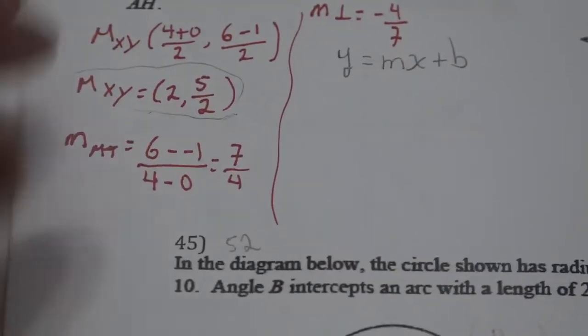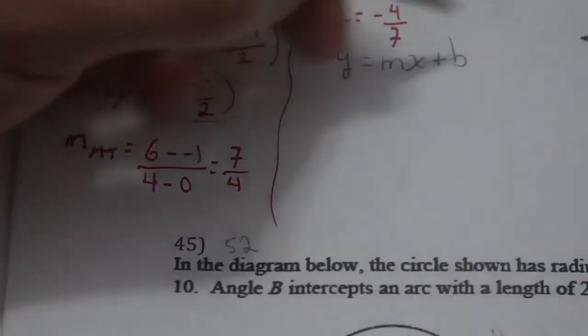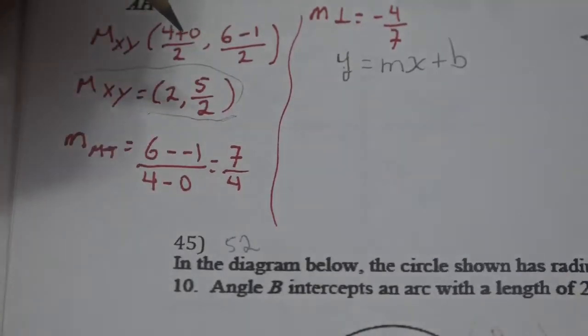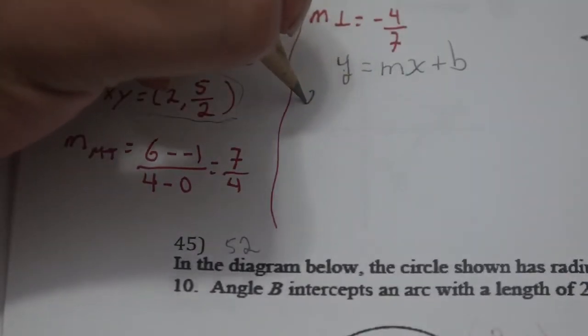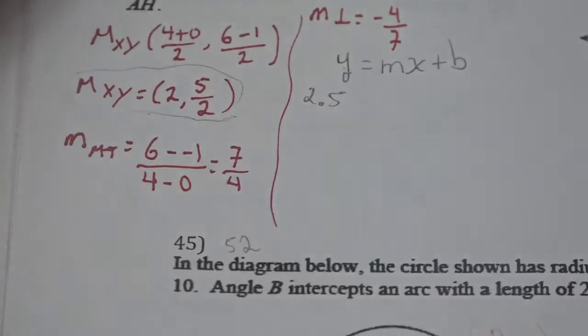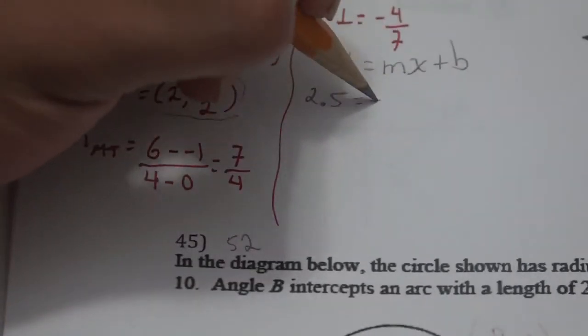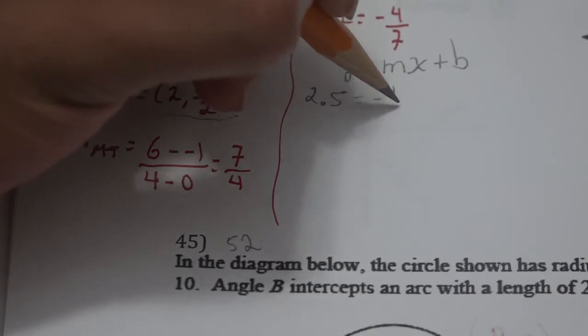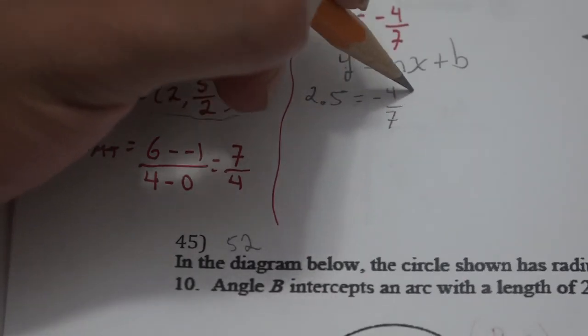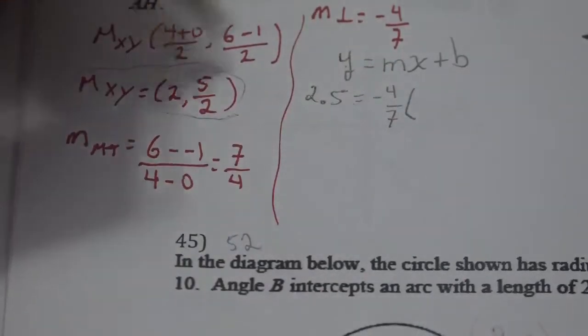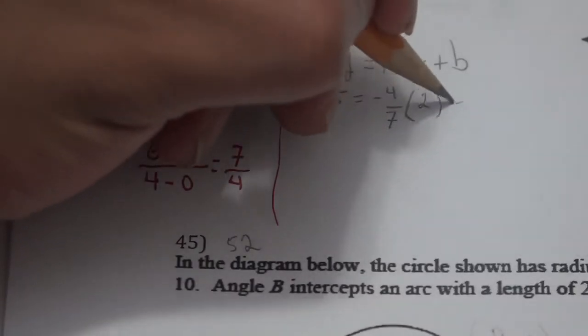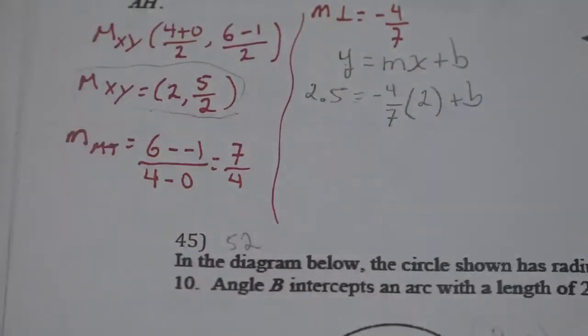So that's exactly what I'm going to use. So y is 5/2, but in this case, let's just say 2.5. Then the slope is -4/7, that's the perpendicular slope. The x is 2, plus b. Okie dokie.